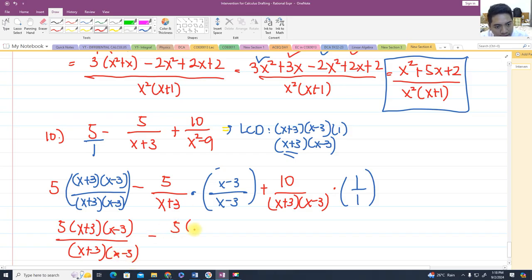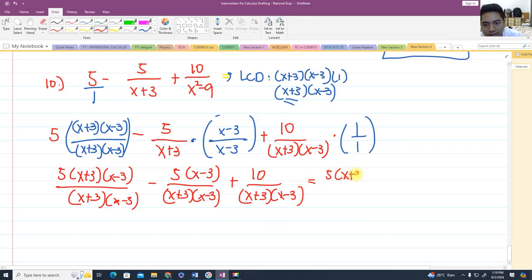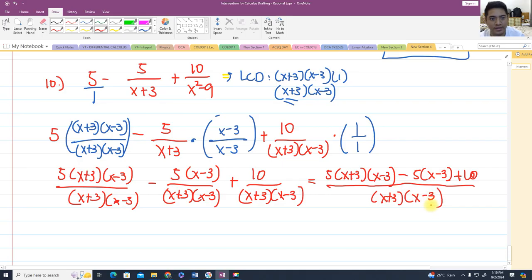Minus, you have 5 times x minus 3, all over x plus 3, x minus 3, plus 10 all over x plus 3, then x minus 3. Okay? So we can rewrite it as 5 times x plus 3, x minus 3, minus 5 times x minus 3 plus 10, all over x plus 3 and then x minus 3.